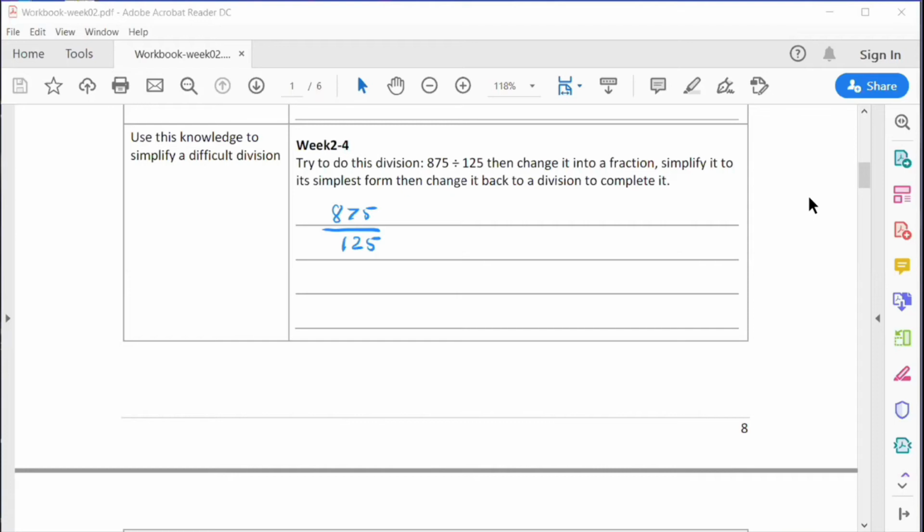That is one way, and the other way I want you to try is to do 875 divided by 125. So I want you to do both of them. Try both and feel which way is harder.